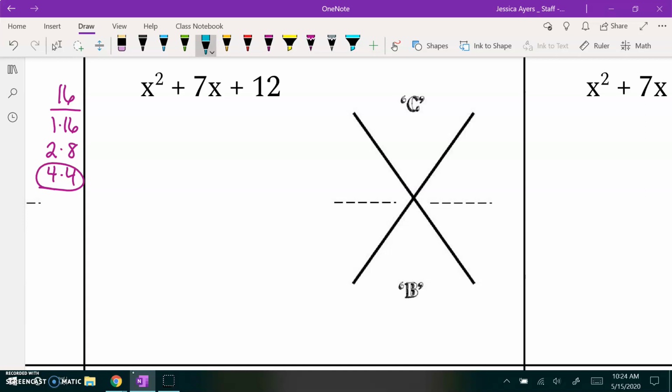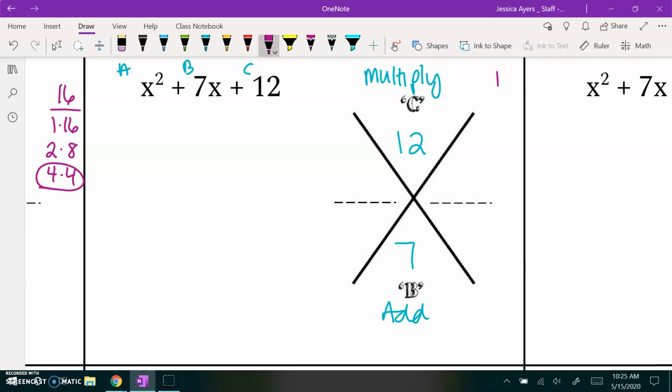Taking a look here, we have A, B, C. So put C on the top. So we want to multiply to be 12 and we want to add to be 7.